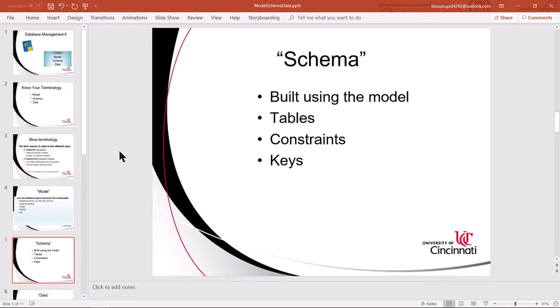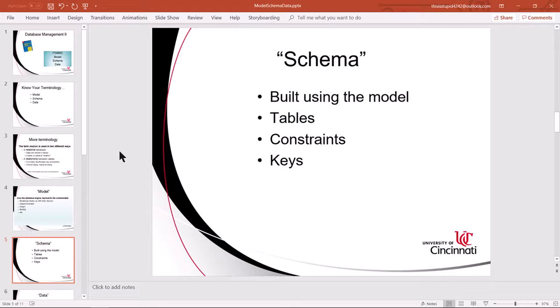The schema is a set of empty tables, corresponding constraints, and keys. There is no data associated with the schema. We can use a schema to store data. Now, we have seen before, and we will see in the future, that the word schema has different variations depending on what database engine you are using.